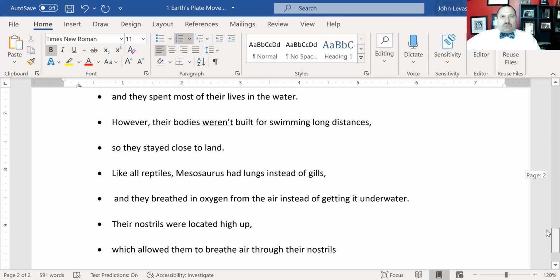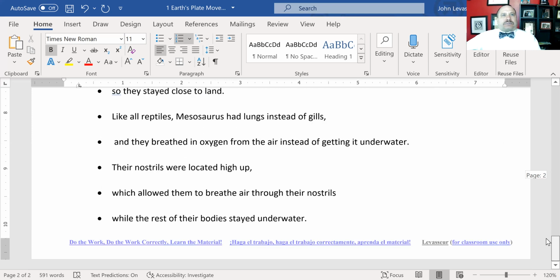However, their bodies weren't built for swimming long distances, so they stayed close to the land. Like all reptiles, Mesosaurus had lungs instead of gills, and they breathed in oxygen from the air instead of getting it underwater. Their nostrils were located high up, which allowed them to breathe air through their nostrils, while the rest of their bodies stayed underwater.